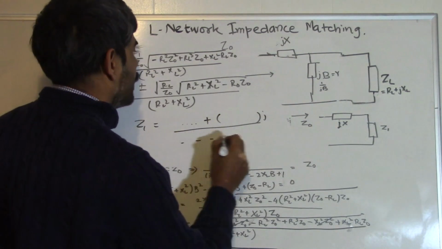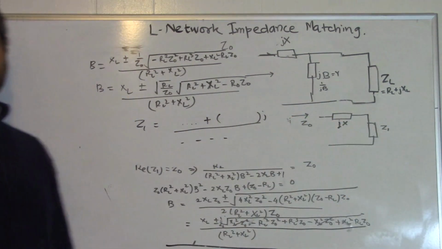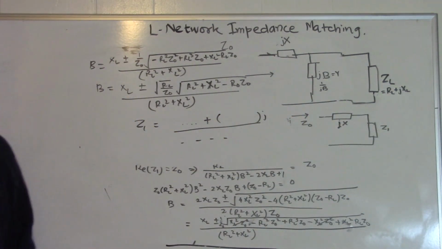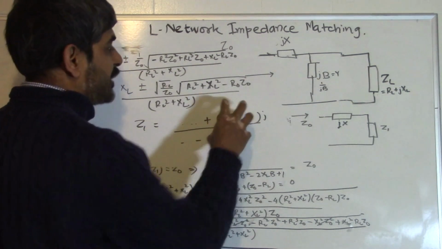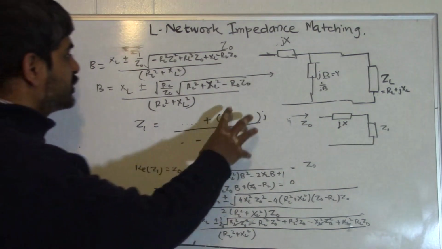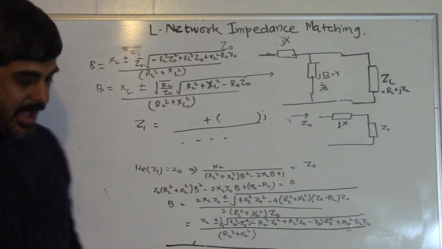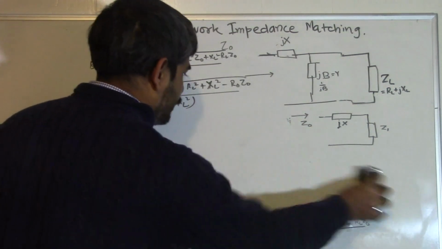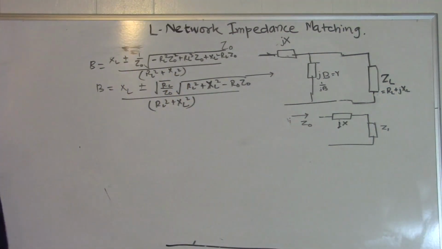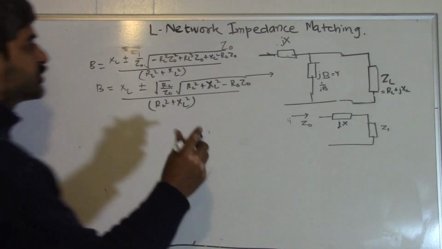That was our expression for Z1. The next step is, we got B, we take the imaginary part of this equation Z1. Let's derive it quickly. I removed this, so we will have to write it again, but I would like to go through all the steps.